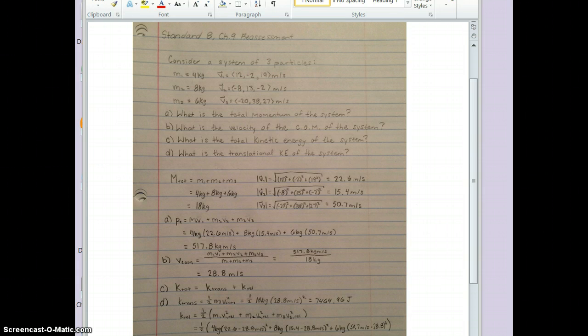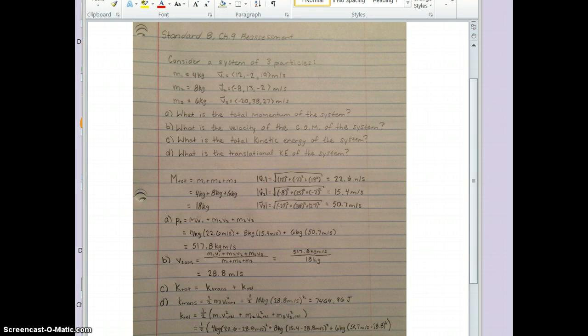And this is also part D, which is what is the translational kinetic energy of the system. And that is equal to 1/2 times 18 kilograms times 28.8 meters per second squared, which we had just figured out in part B. And that is equal to 7,464.96 joules. And that's the total translational kinetic energy.